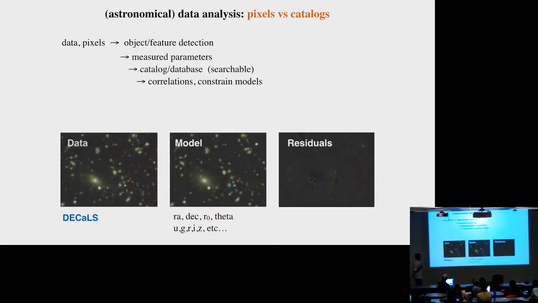So for this case, where we have the data, the model, and the residuals, we have been able to use that language to extract the information. And when we can do that, then life is wonderful. We detect objects, we put the information into catalogs, and then they become searchable. That's a very important step. You might not realize that, but that's key.